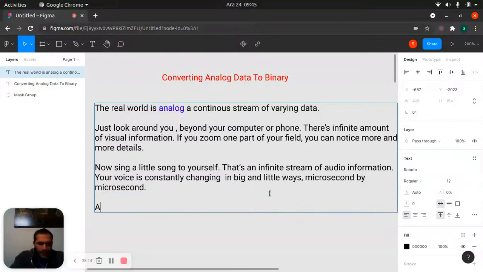Let's come down and say analog data is infinitely detailed.